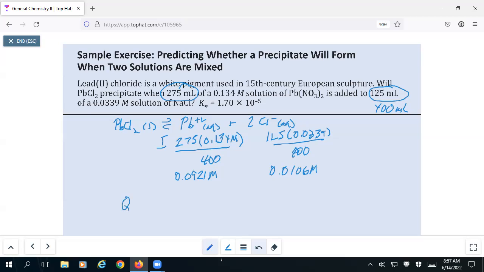Our Q value would be equal to the concentration of the lead ion multiplied by the concentration of the chloride ion squared. So that would be 0.0921 multiplied by 0.0106 squared.